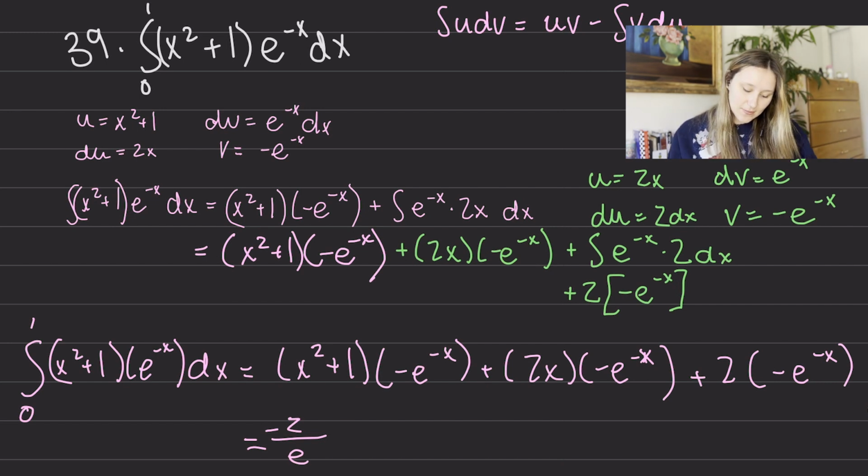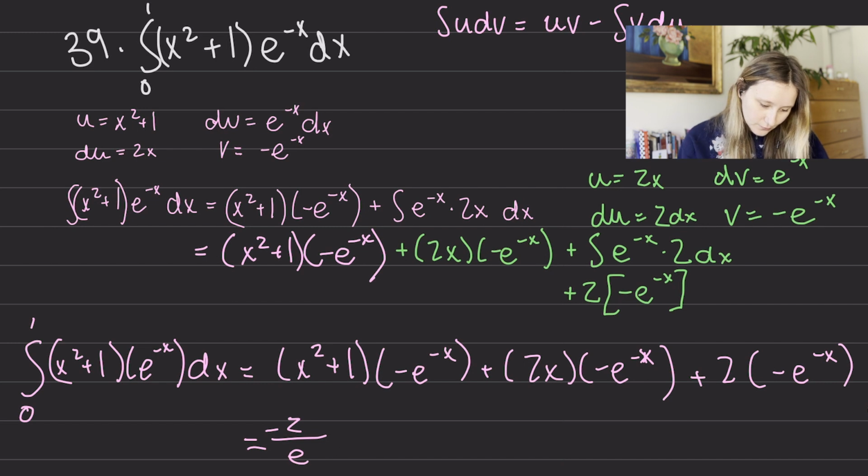And then we've got 2 times minus e to the minus 1, which is minus 2 over e. So that's just for the 1.